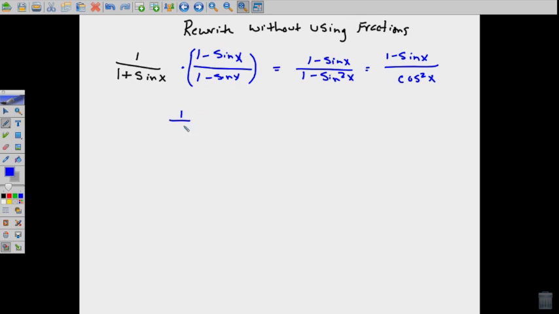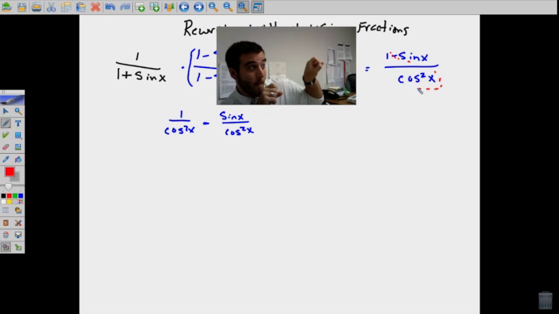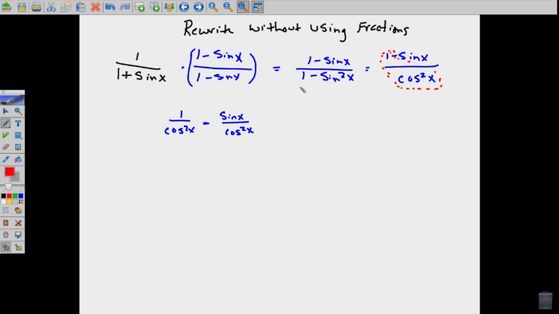I can now break up the fraction into 1 over cosine squared of x, minus sine of x over cosine squared of x. All I did there was split the fraction so that I used the left side and the right side separately, and that's only possible if there's one thing in the denominator.